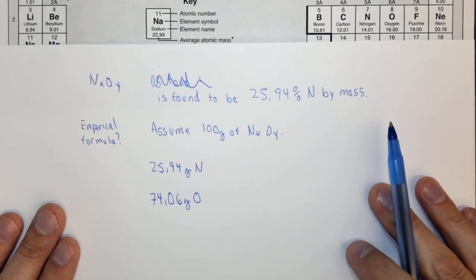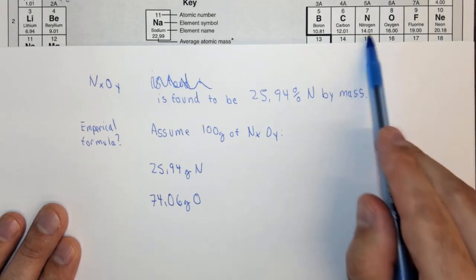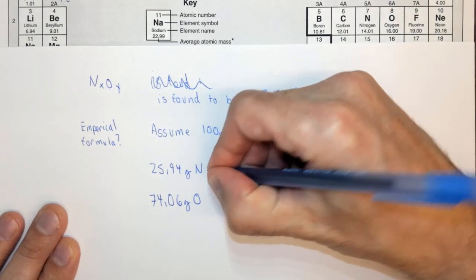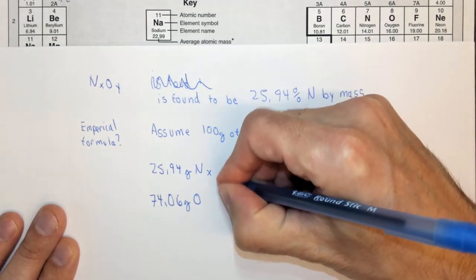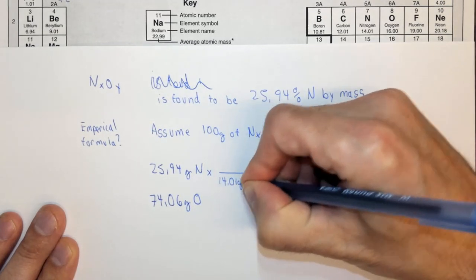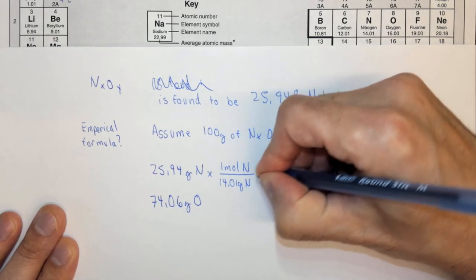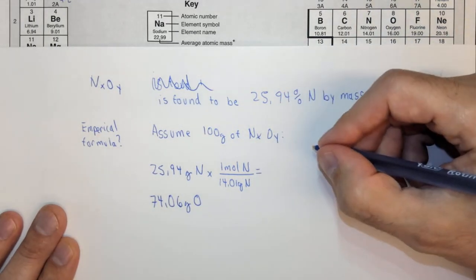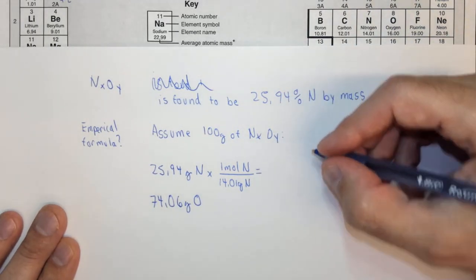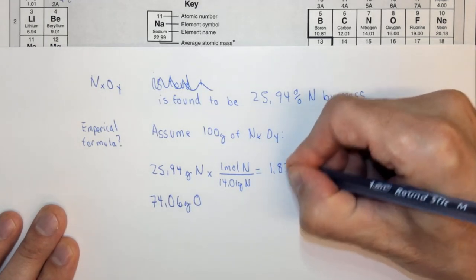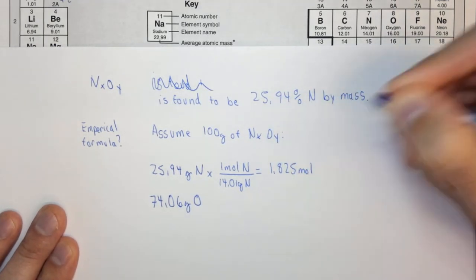You want to convert those grams to moles. So the molar mass of nitrogen is 14.01. So we put 14.01 grams of nitrogen on the bottom, 1 mole of nitrogen on the top. When you do that, you find that there are 1.825 moles of nitrogen.